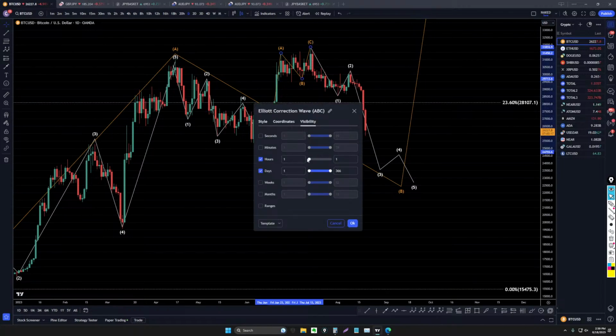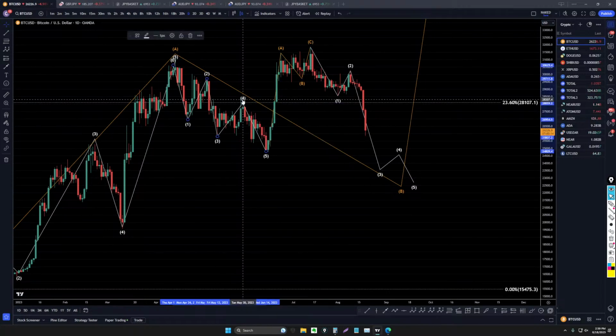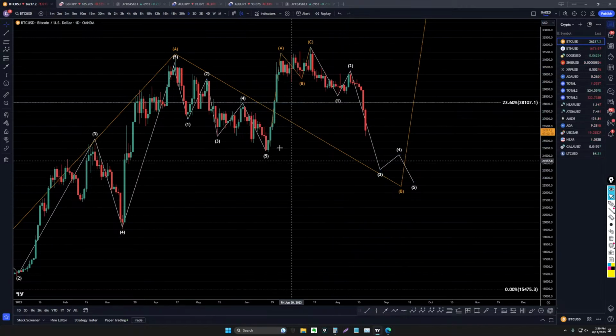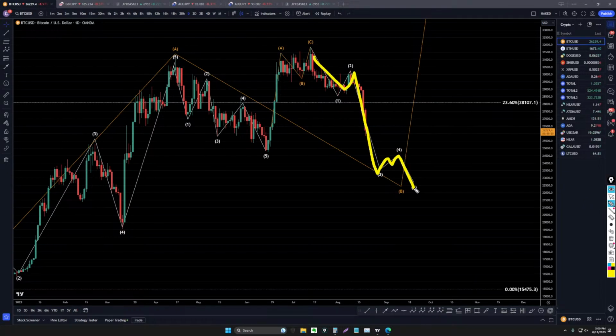I mean, it's not like the pattern's over yet, but it's actually very clear what's going on now. This is an A, B, C correction, and it's probably still a wave B or a wave 2. We've got all that BRICS news next week, too, so it makes sense for this to make a 3, 4, 5 over the next week or so, and then bam, a big move to the upside for either an ABC of B or an ABC of 2, and then go up for either a C or a 3.